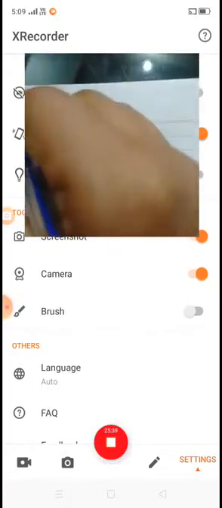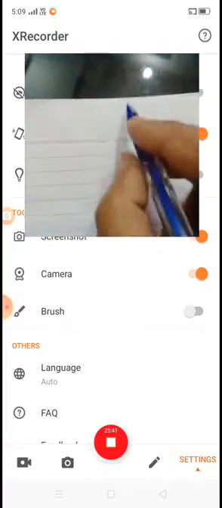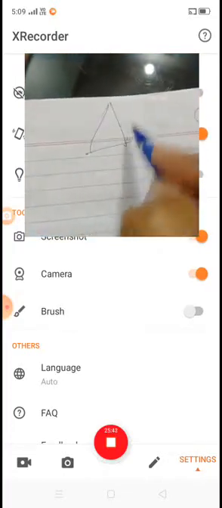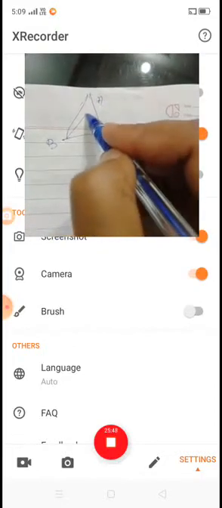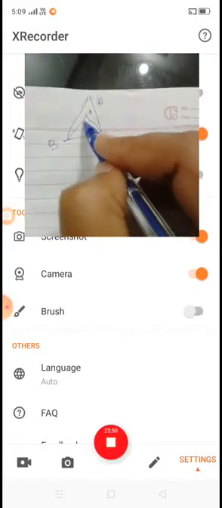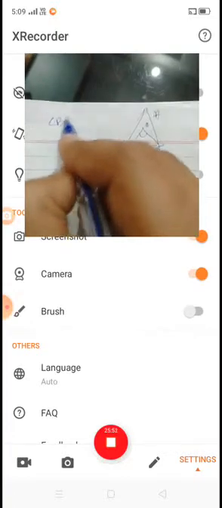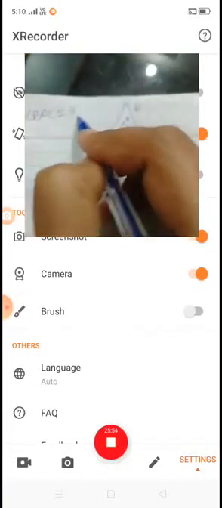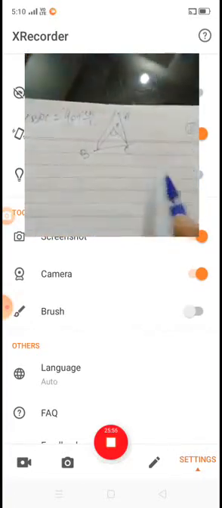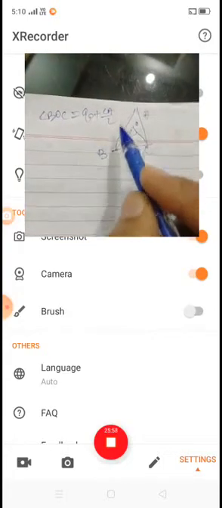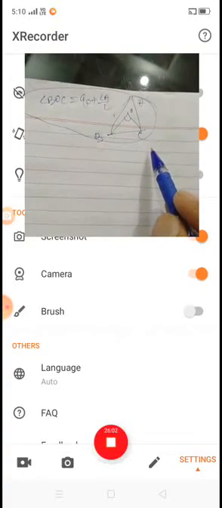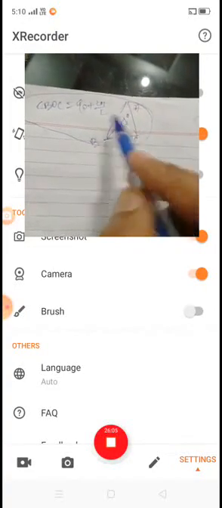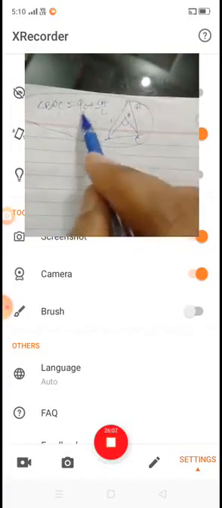Let's solve it. In the previous class we discussed a theorem: when in triangle ABC the internal bisectors intersect at point O, then angle BOC is equal to 90 plus angle A by 2. This theorem has to be practiced.